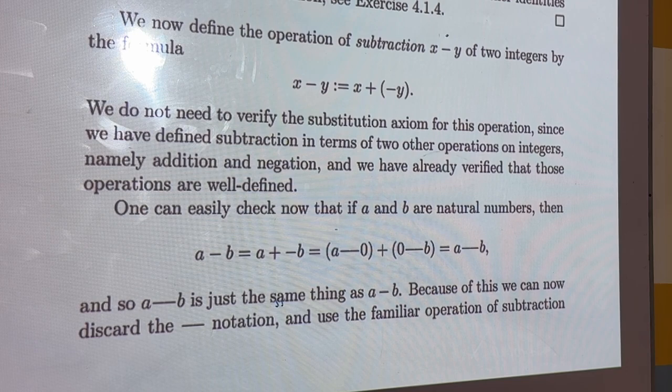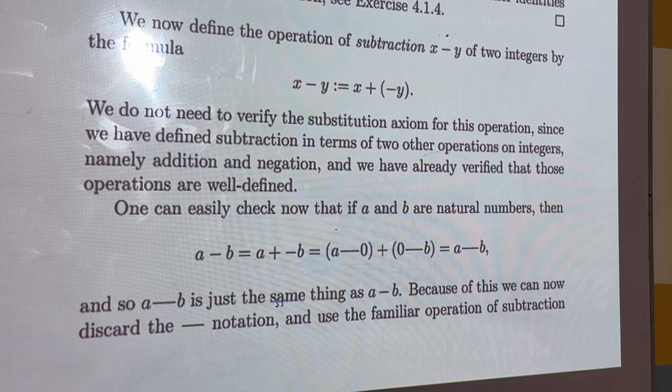He took two natural numbers, A, B. Here A lives in this one, B lives in this one also. For them, A minus B has a meaning. Though he says it is natural, though they are natural numbers, this means the difference between two.